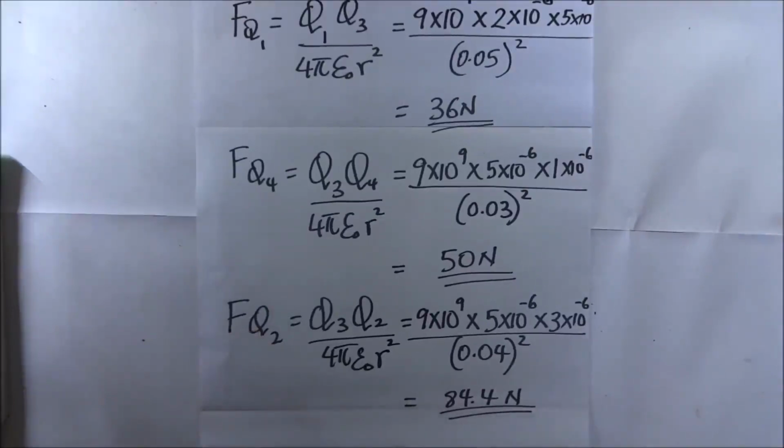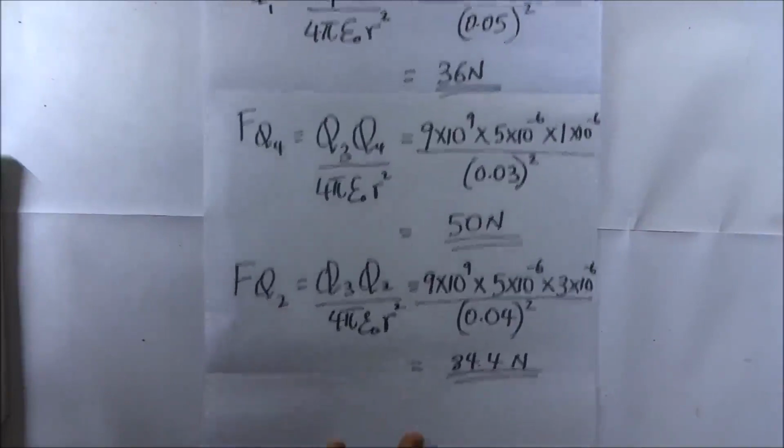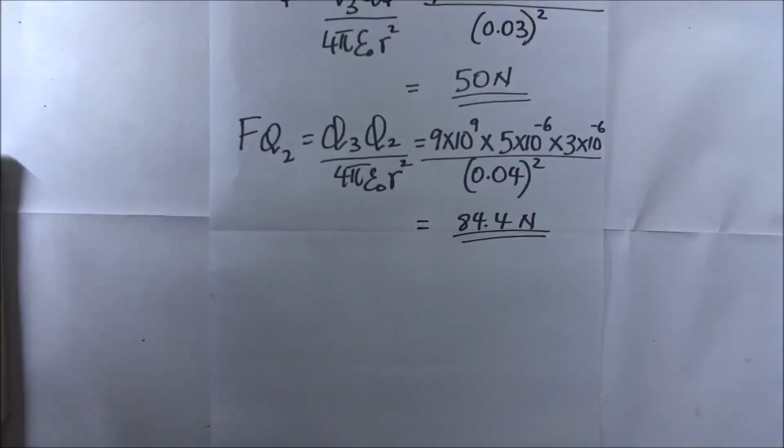So now at the end of the day, this is what we have. We are having a point charge that we are calling Q3, and it is having 3 forces acting on it in this kind of manner.